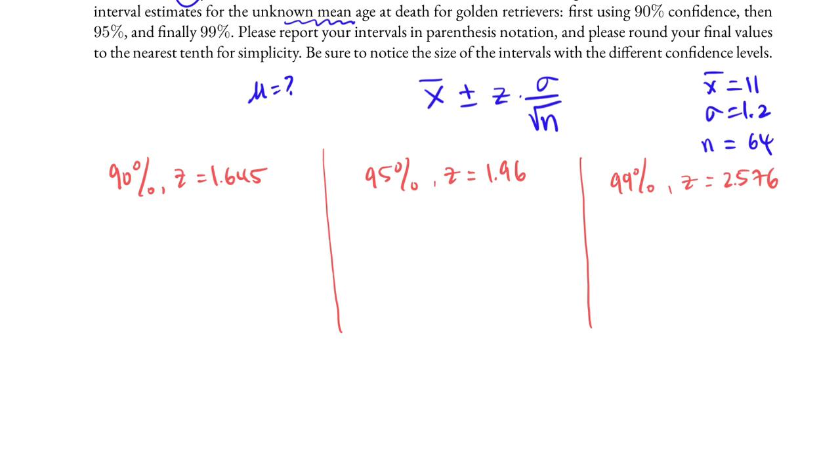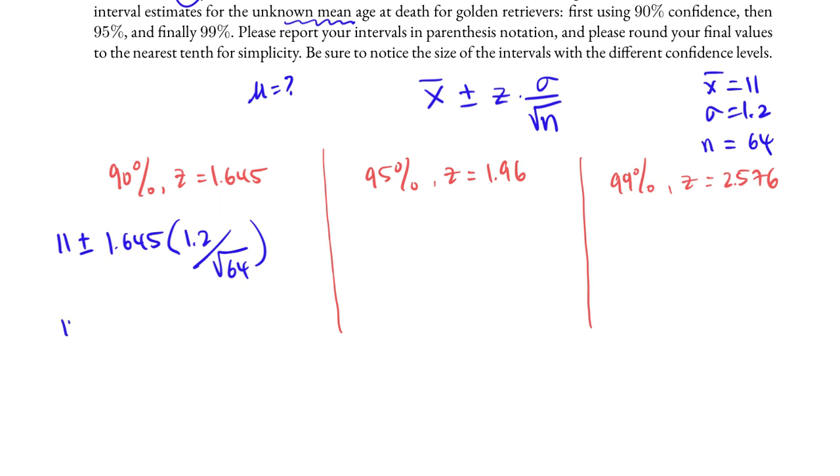For the 90% confidence interval, it is x bar 11 plus or minus z, which is 1.645, times the standard deviation 1.2 divided by the square root of 64. There are 2 computations here that we would need to do in a calculator.